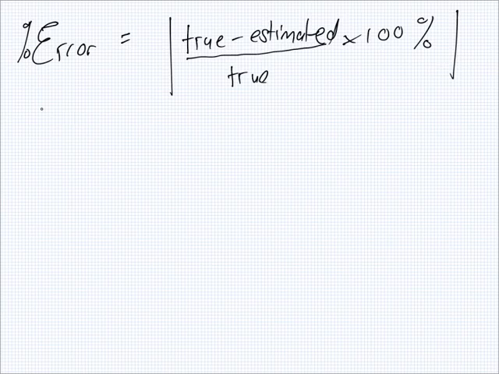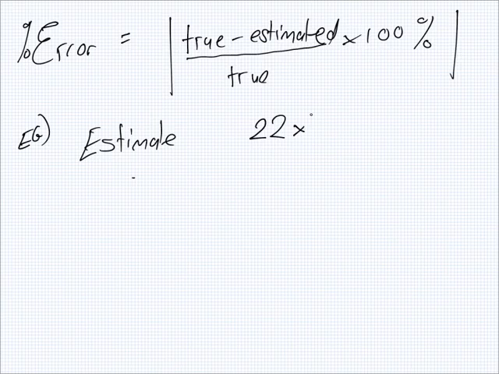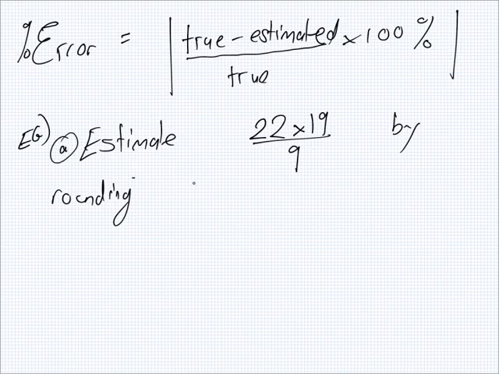So I'll have an example. The type of question you might get is: estimate this by rounding, and then the B part will be calculate the percentage error.